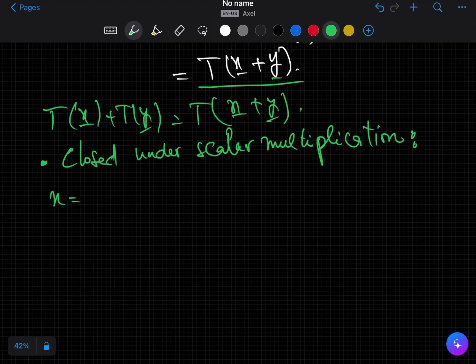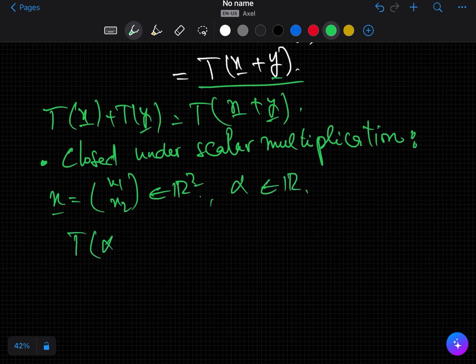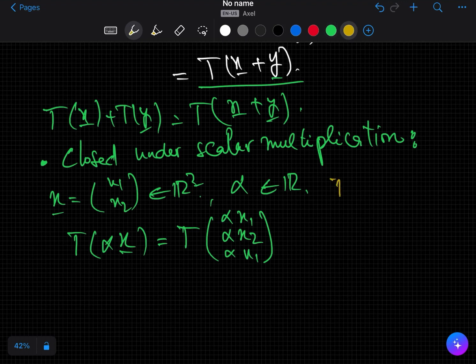Okay, so if we consider that x equals (x1, x2) belonging to the space R2, and we consider a scalar alpha in R, let's see T(alpha x). By replacing, I have T(alpha x1, alpha x2). Because if you see the way that T is defined, we need to follow this along: it's (a plus b, b, a).